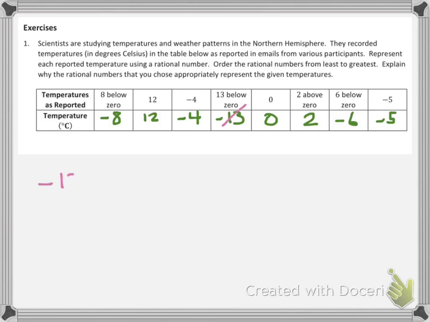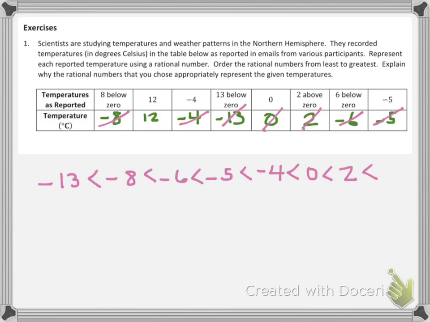So I'm going to have negative 13 is less than negative 8, which is less than negative 6, which is less than negative 5, which is less than negative 4, which is less than, well, that's all of the negatives, so then 0. And then my smallest positive number is 2, and that is smaller than 12. So there it is from least to greatest.